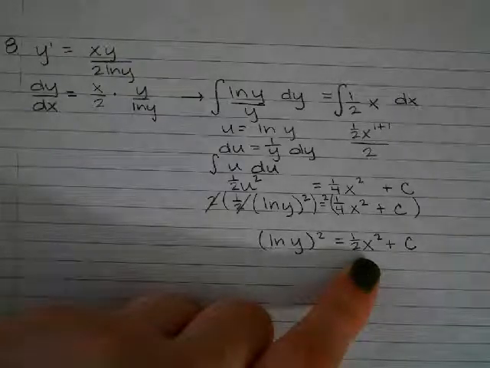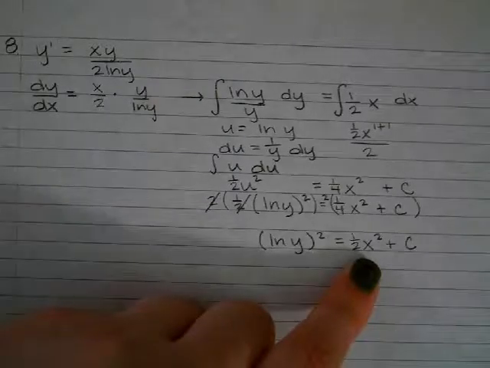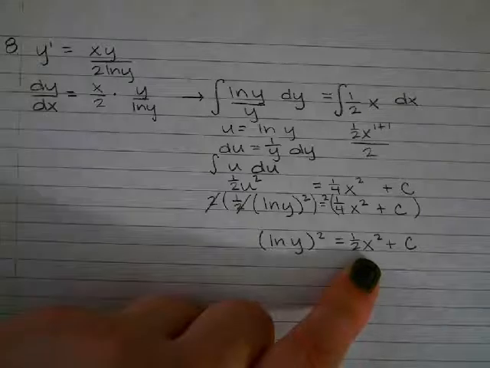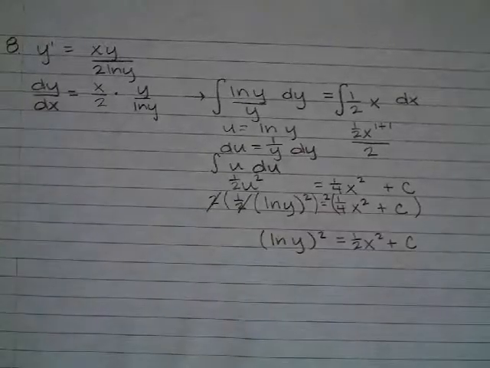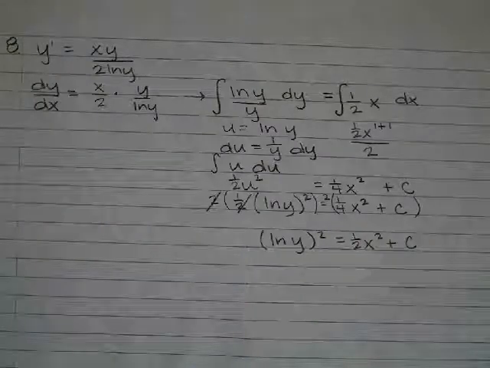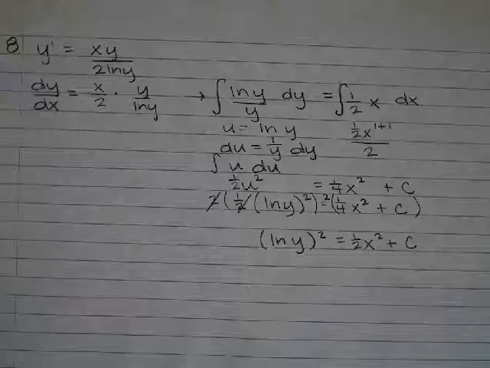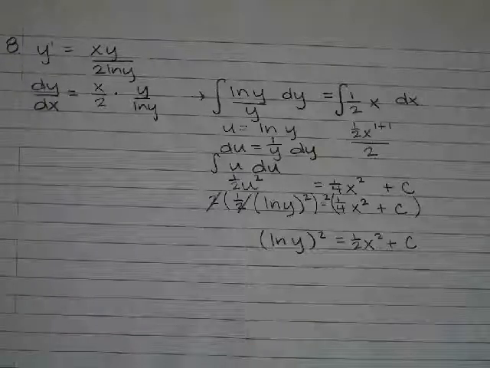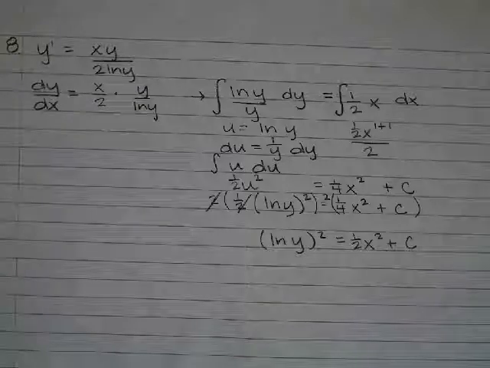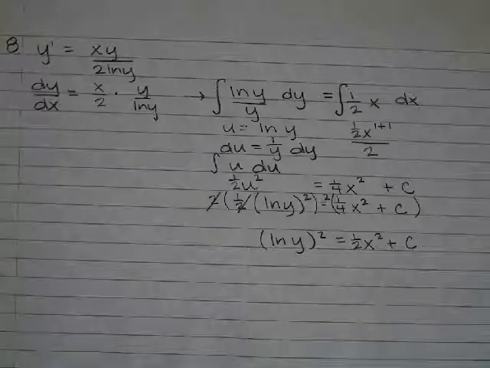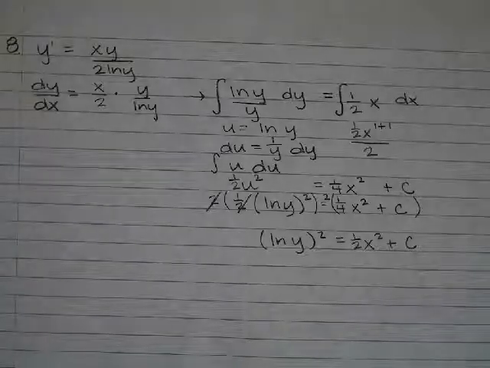Stuff is being plugged into the other terms, and then the c is just whatever is left over. Does that make sense? Okay. So it's a little bit easier to just say the c basically absorbs everything that's happening to it. That's the common practice: a constant multiplied by a number is still a constant. A constant that's been square rooted is still a constant. A constant that's been divided by something is still a constant. That's what people typically do.